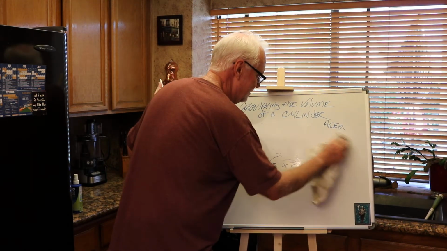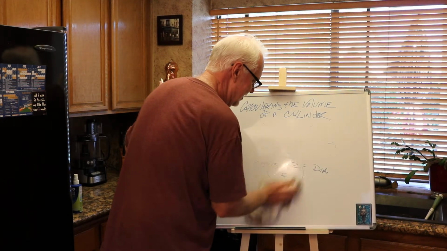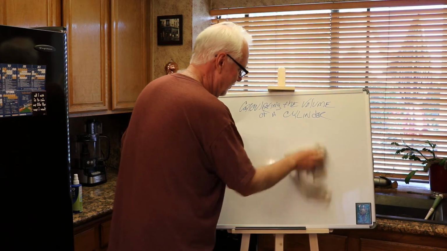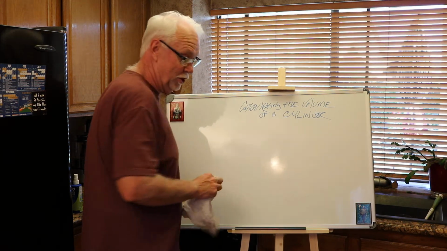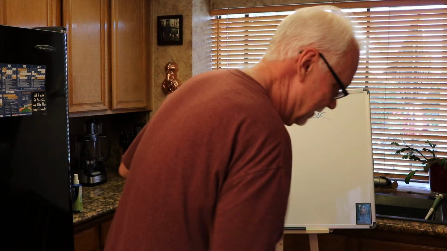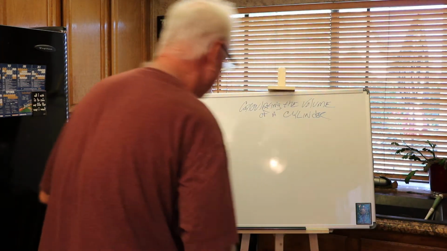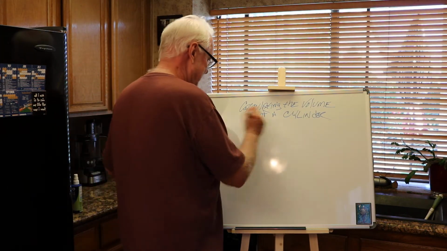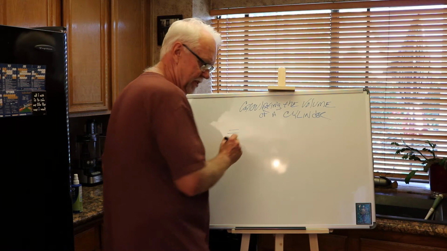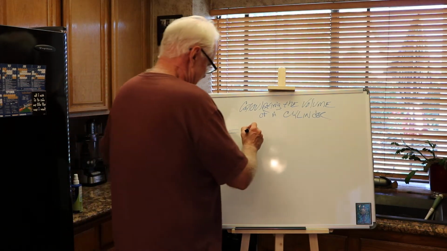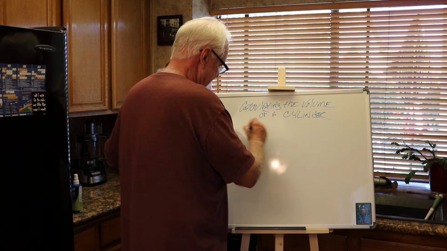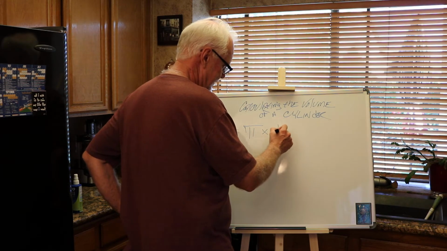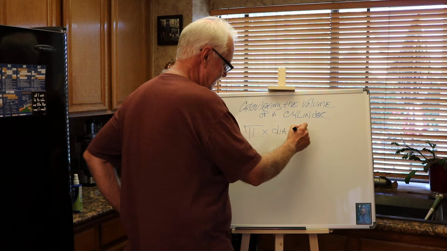Now what I'm going to do is show you how to do the volume in cubic feet. Okay, so we're going to do that. So the volume of a cylinder in cubic feet equals pi again times the diameter, okay, times the depth.